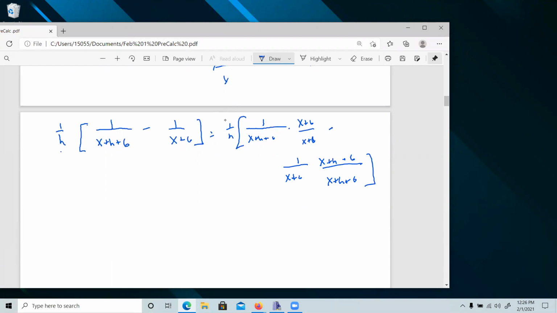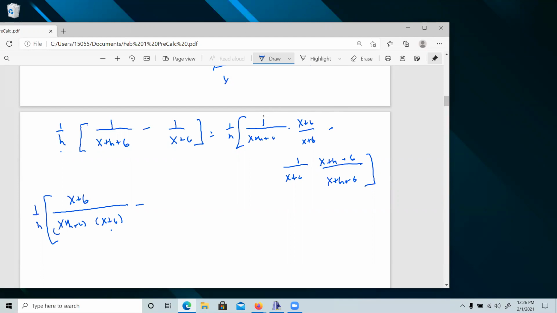So what do we end up with? We end up with 1 over h at the side here. Leave that alone. Then we have an x plus 6 on the top, and on the bottom we've got this terrible thing: x plus h plus 6 times x plus 6. Don't multiply this out, just leave it alone.